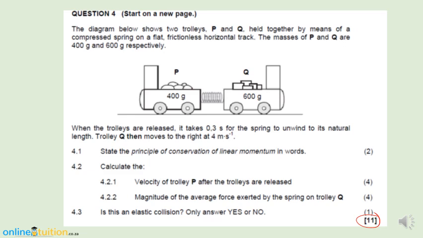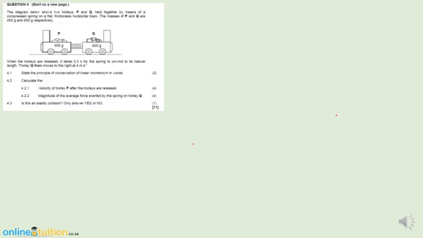Okay, so let's take a closer look at this system and this question. So we can see straight away, and this is where I would start, I'll write down what's given. The mass of trolley P is 400 grams, and 400 grams is 0.4 kg.